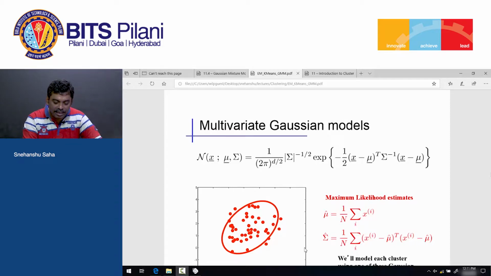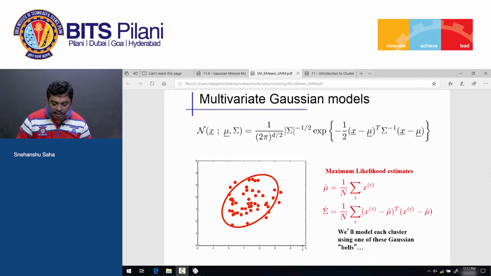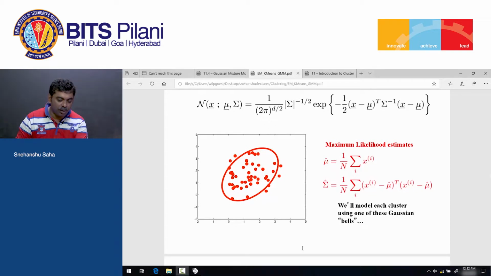And instead of (x minus mu) squared, you'll have (x minus mu) transpose times (x minus mu), because each one of these is a matrix, and this one is also a diagonal matrix, which contains the variances along its diagonal. The maximum likelihood estimates of this Gaussian model are the sample mean and the variance. We are going to skip this.